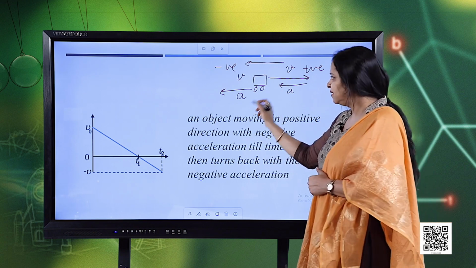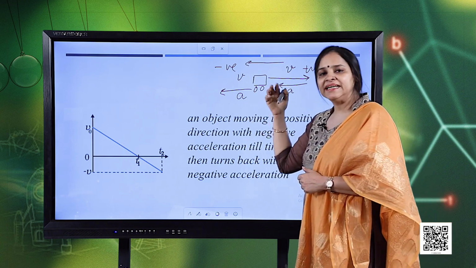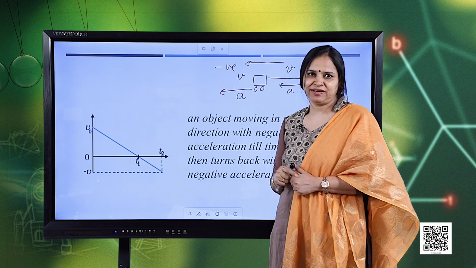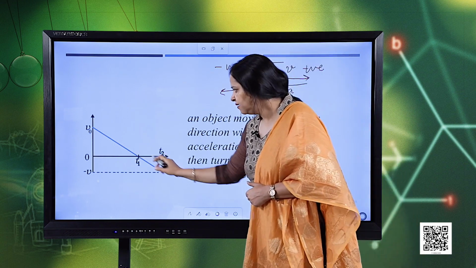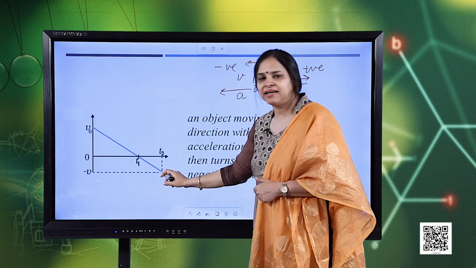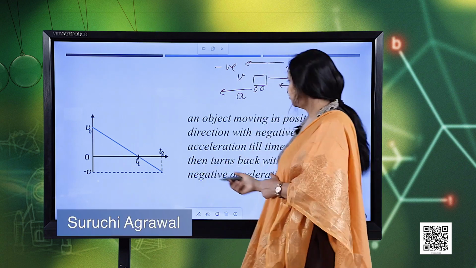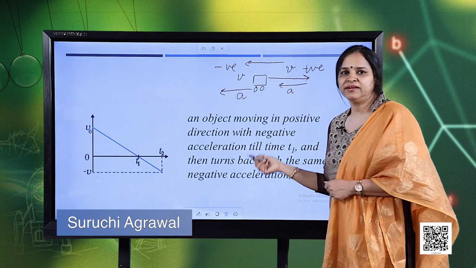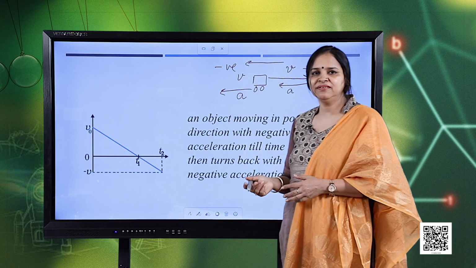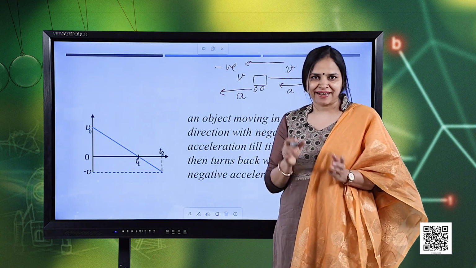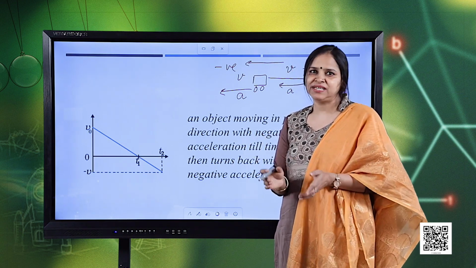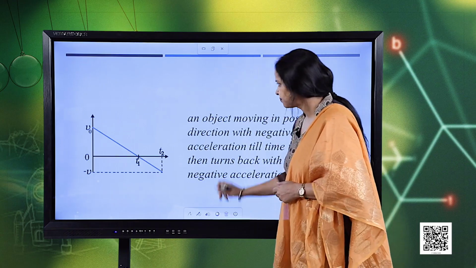So, this acceleration will now increase the speed of the vehicle. That is how we can see the velocity is increasing in magnitude. So, these are simple examples to study acceleration using VT graphs.